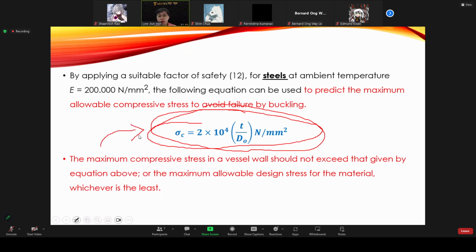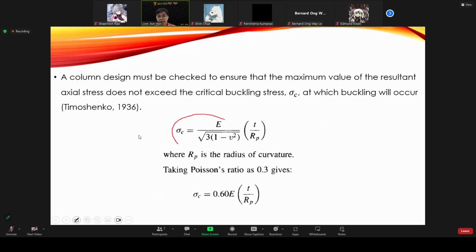And actually, this equation is derived based on the original equation here. But by common sense, because normally we fabricate the pressure vessel or our equipment by using stainless steel or steel. Why?